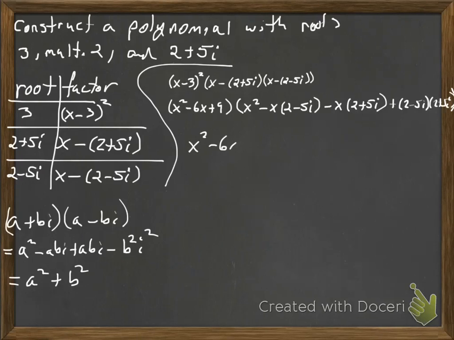Alright, let's go ahead and rewrite some stuff we have going on here. So we have x squared minus 6x plus 9, and x squared, and then we'll distribute that minus x to give us a minus 2x, and a plus 5xi, and then distribute the next minus x, so that'll be minus 2x and a minus 5xi.